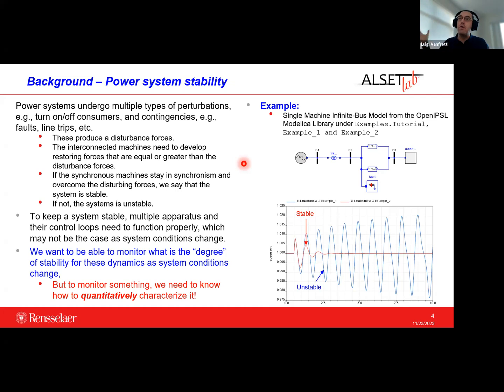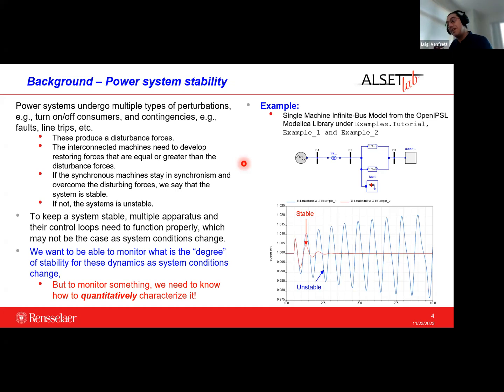So in the case of conventional power generation like nuclear plants, these synchronous machines have to stay in sync with each other, rotating at 50 hertz in sync. And they have to overcome these forces. And if that happens, the system is stable.